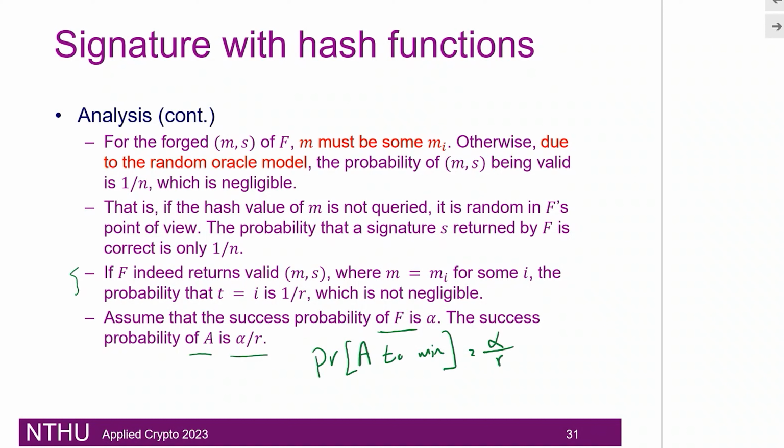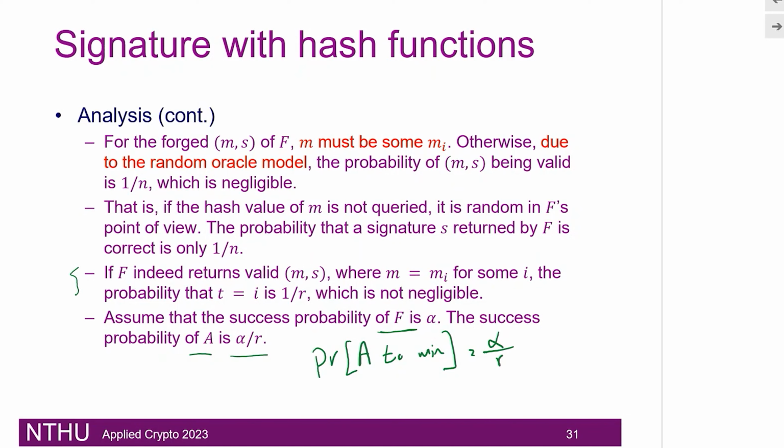So the question is how we can increase this probability. That is not our intention, but in practice, if this adversary F or forger F shows up, we can run this algorithm many times, and that would increase the chance of winning. If we run it r times, then for sure on average we should win one of them according to the laws of probability.